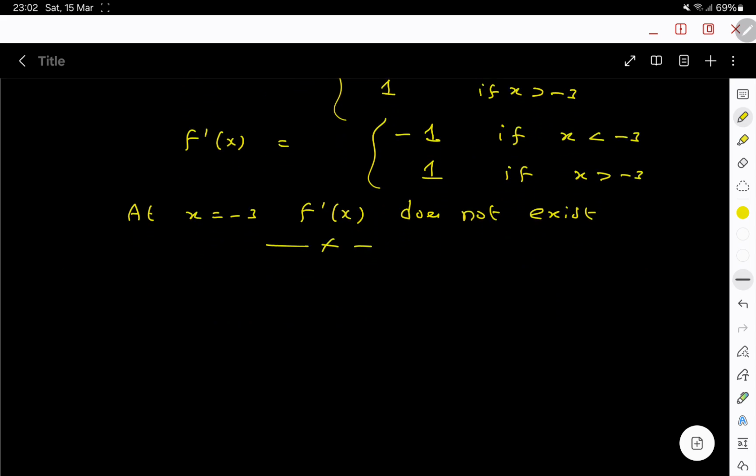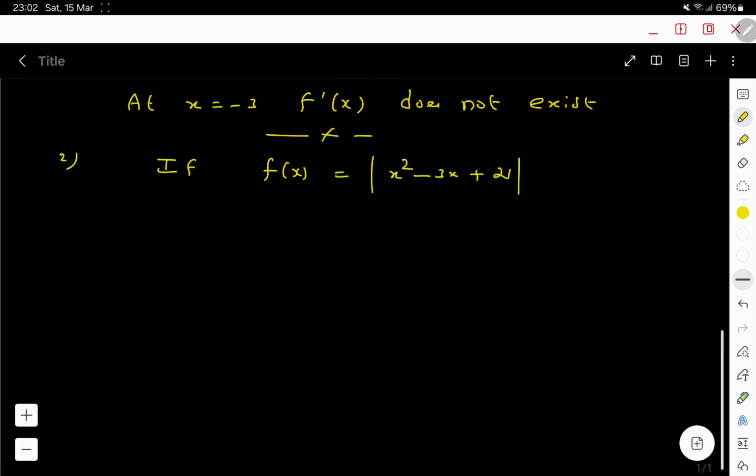Next problem. f of x is mod of x square minus 3x plus 2, okay.